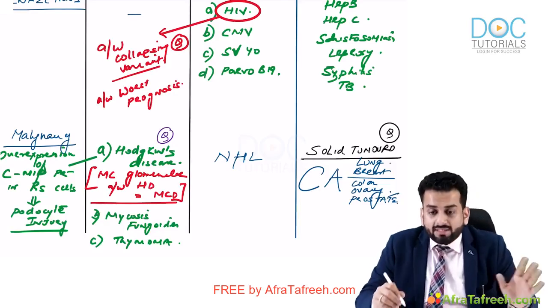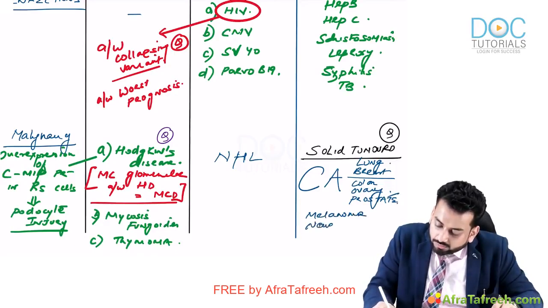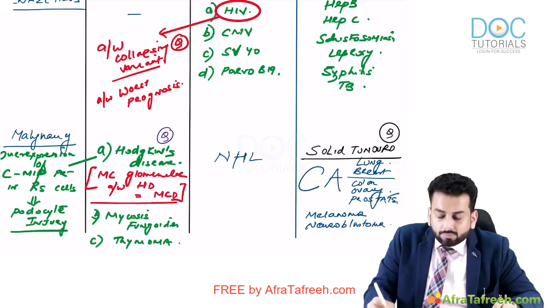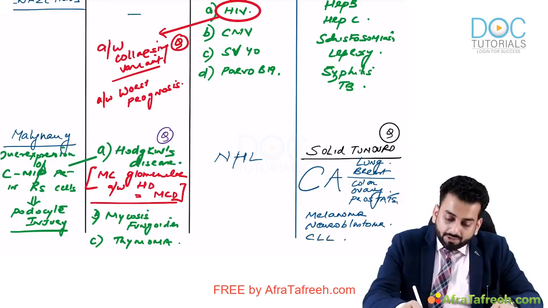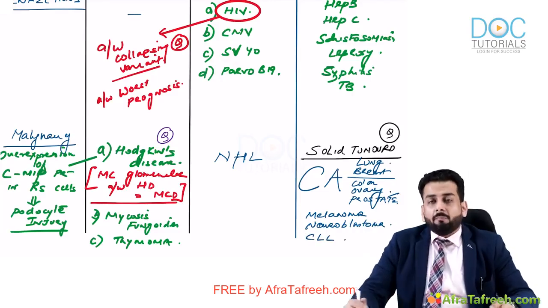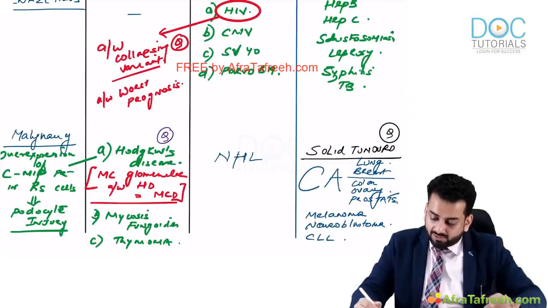Other not so common cancers are melanoma, neuroblastoma, and chronic lymphocytic leukemia.